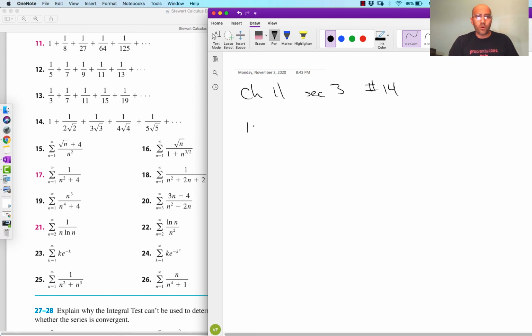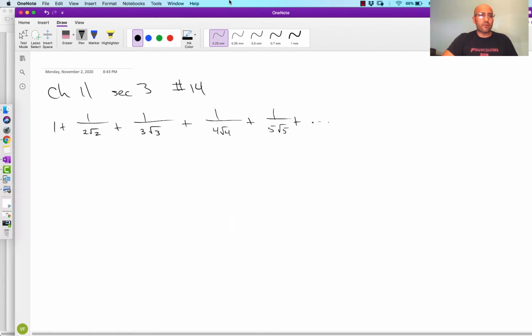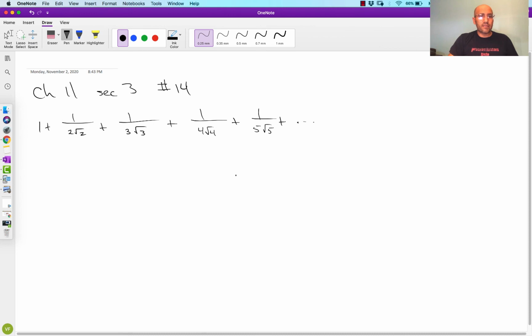Okay, so we got 1 plus 1 over 2 root 2 plus 1 over 3 root 3 plus 1 over 4 root 4 plus 1 over 5 root 5 plus dot dot dot. Okay, we get the point after that. It's a pretty straightforward little pattern. So does it converge? Does it diverge? Let's take a look at it.